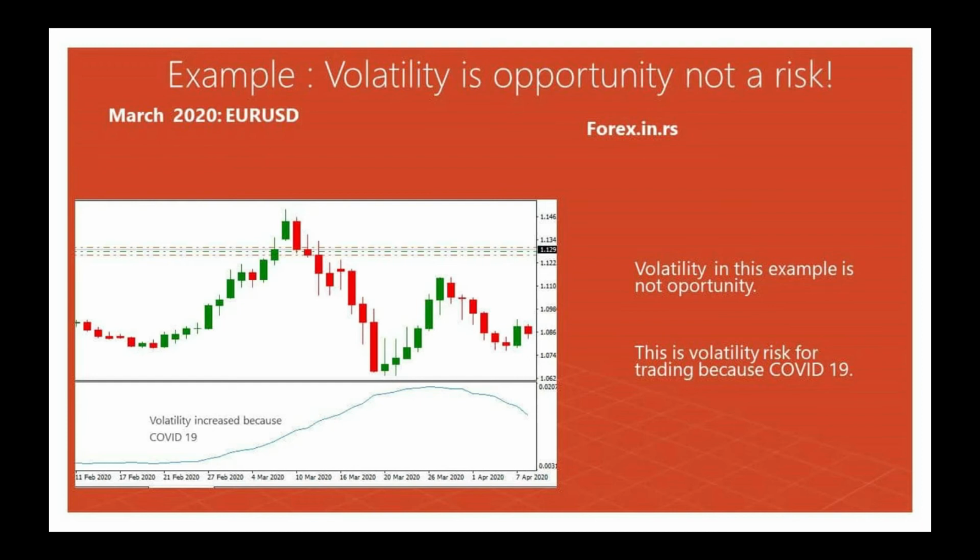And this is a very, very important lesson, because always use average true range as an indicator in combination with fundamental analysis. Always ask, is this not only a technical indicator?